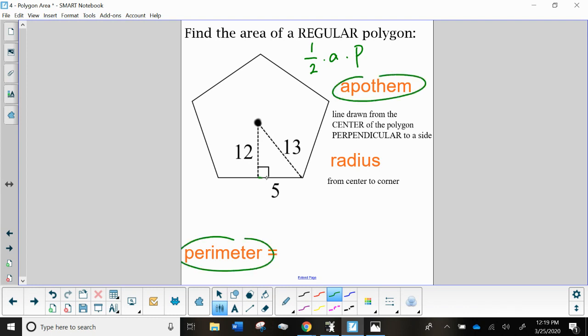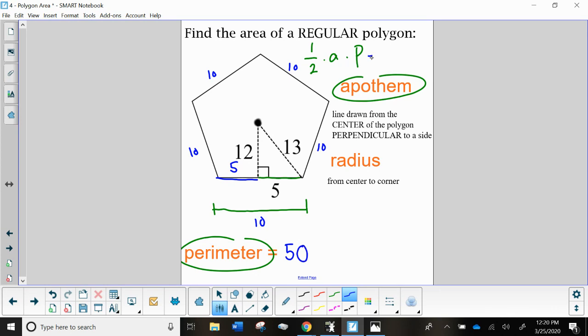Perimeter you've dealt with before. Just be careful though, they only give you half of a full side length here. So if that chunk is 5, this chunk is also 5, meaning the whole side is 10. So 10 times 5 sides gives us a perimeter of 50.